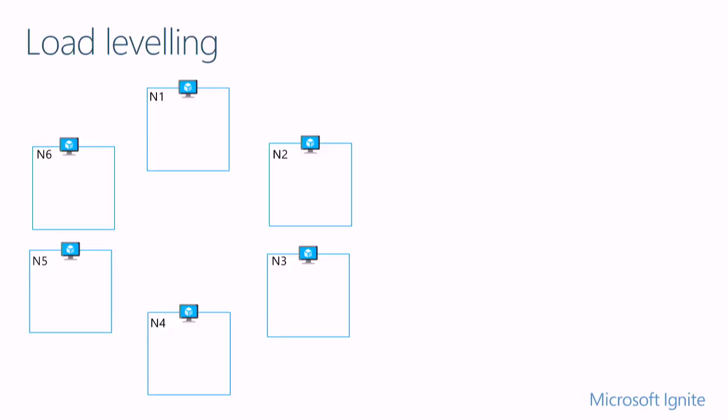One can run Linux, one can run Windows. Once you dedicate these machines to Service Fabric, it installs a layer on top of them and then hosts microservices on it. In this example, we have dedicated 6 machines to Service Fabric, named N1 to N6. The first thing Service Fabric does is to install an agent on each of these machines.